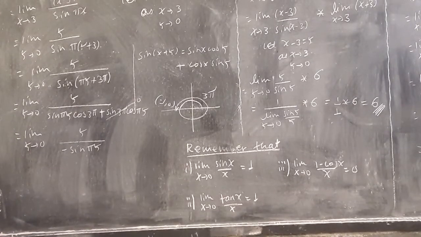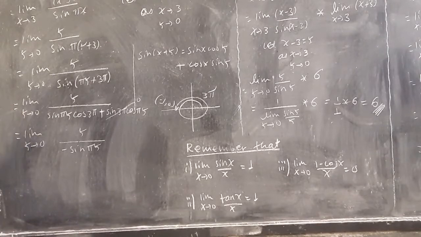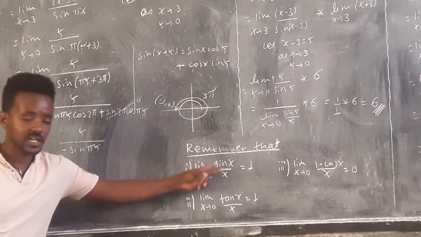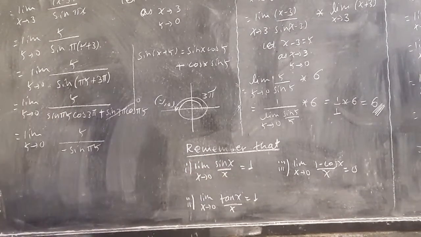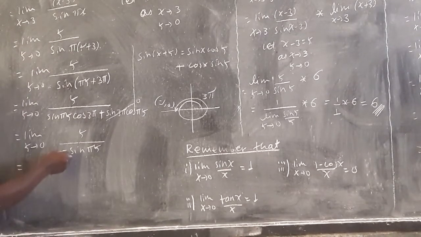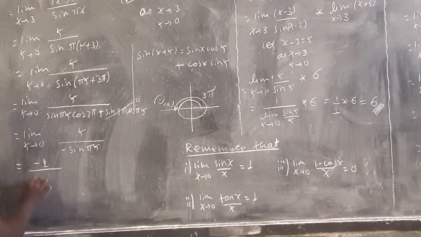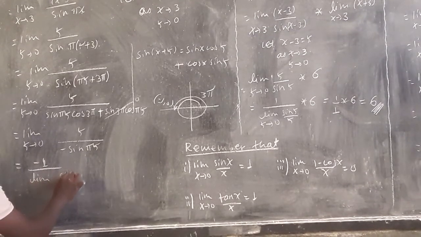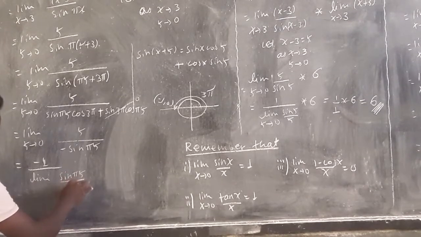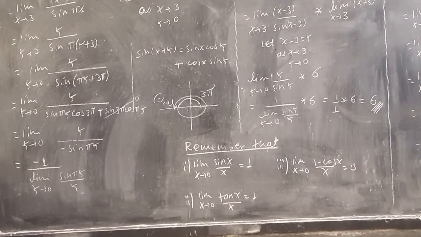Minus sine pi y. So in order to rewrite this into the form of the limit of sine x over x as x approaches 0, we can take the reciprocal, making it minus 1 over the limit of sine pi y over y as y approaches 0.